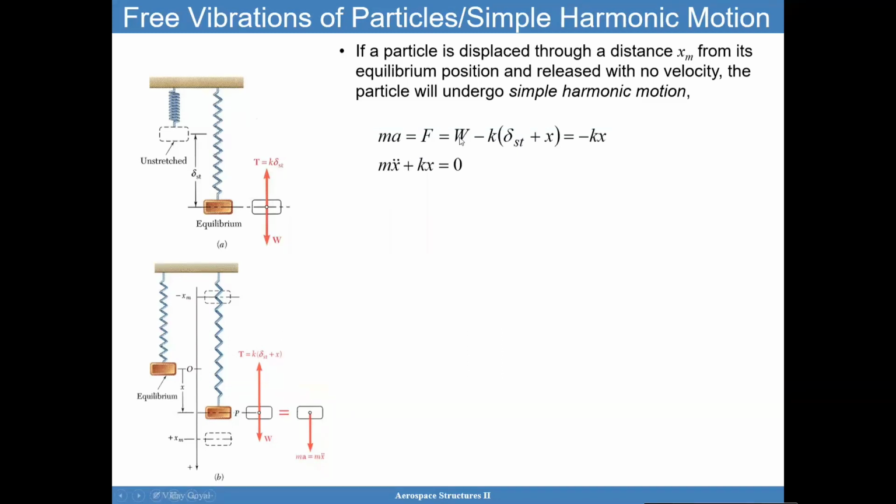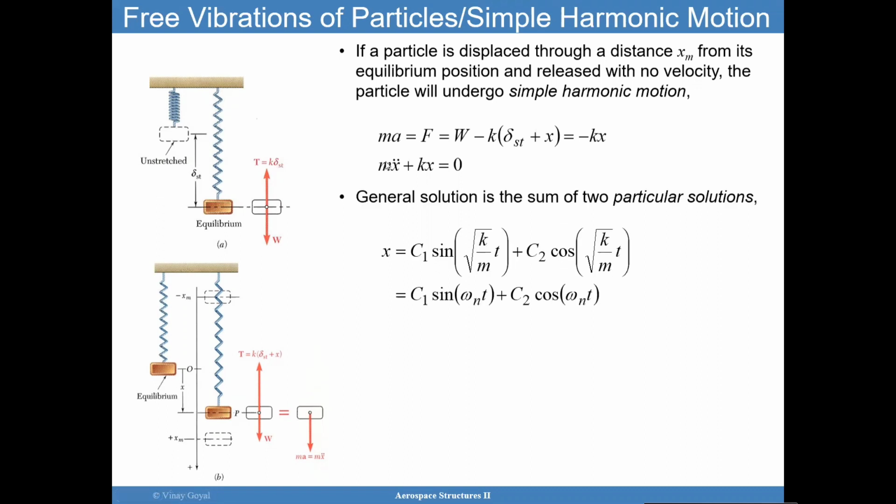So we have the weight minus k times del plus kx, and then the weight is equal to k times del. We found this from the first equation here. And so that cancels out, and you're left with kx. So ma equals minus kx. Therefore, m x double dot plus kx equals 0. And x double dot represents the second derivative of the position with respect to time. And notice how m here is the mass of that box, and k is a spring stiffness.